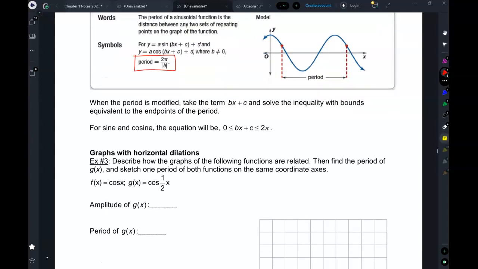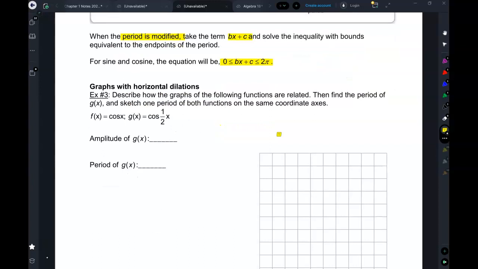So what we also do when the period is modified, you take the term bx plus c and you put it into this inequality and you're going to solve that inequality. So let's do one here.